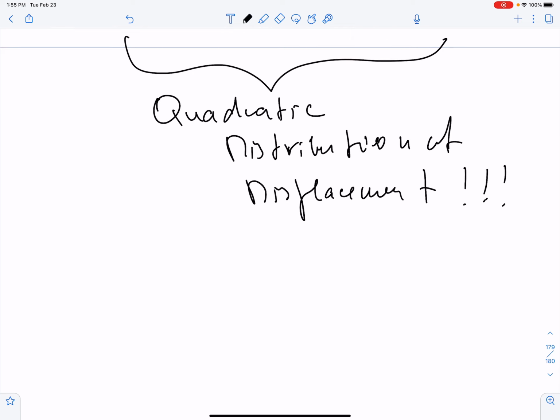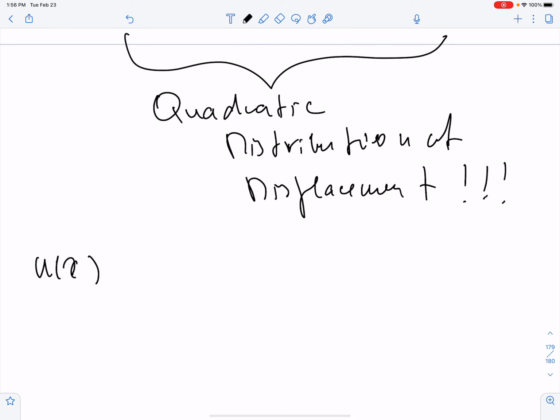So another way to write this, to simplify, u of x is w over 2EA x (L minus x).